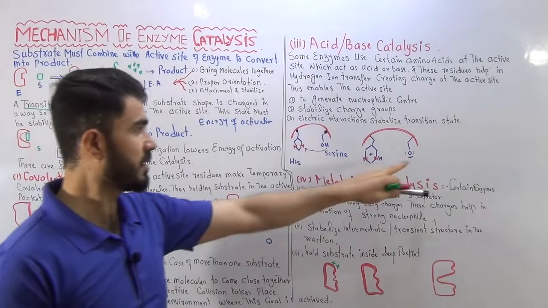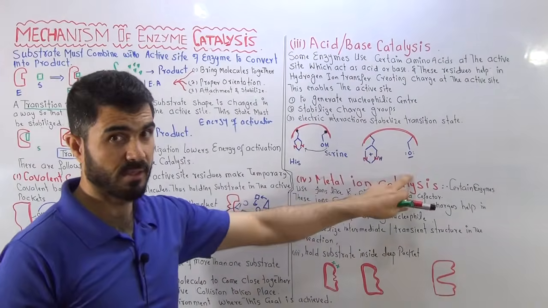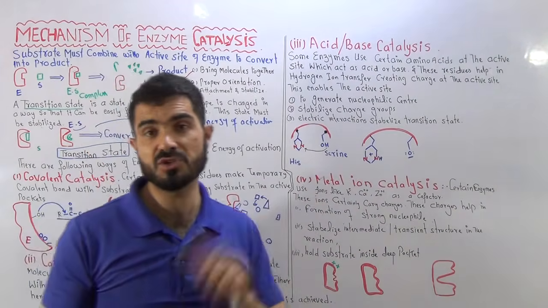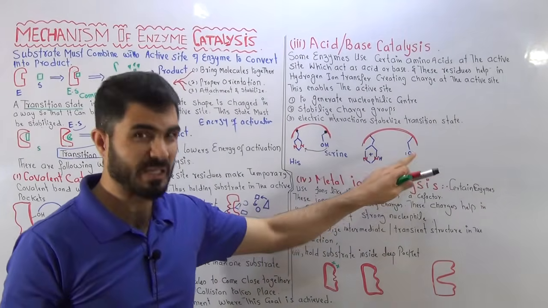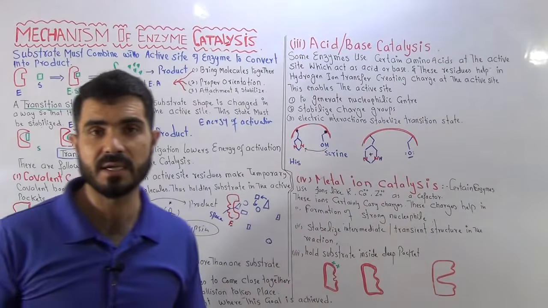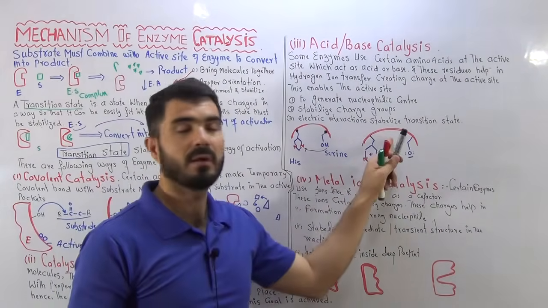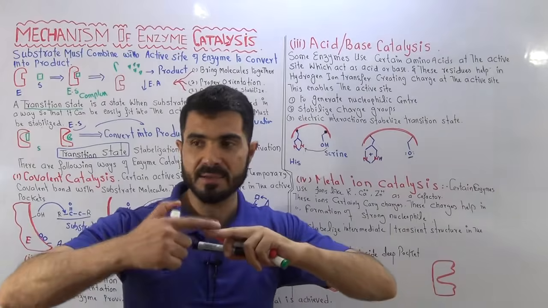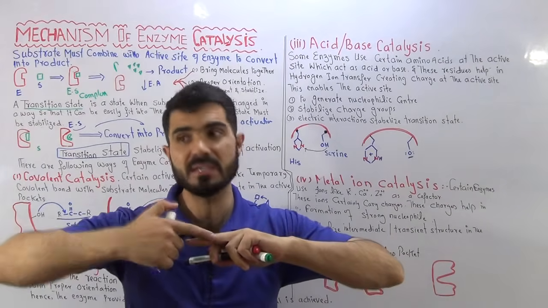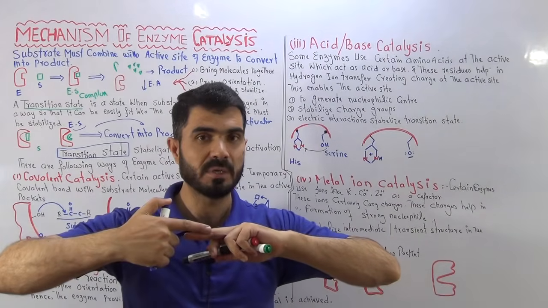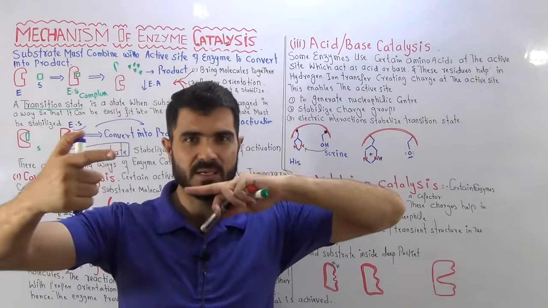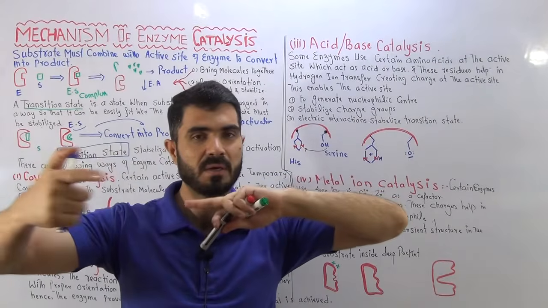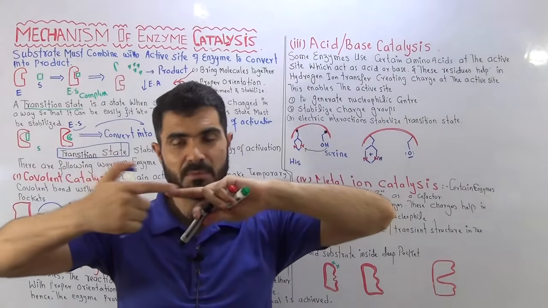So most of these charges have a very great role. As I mentioned in the beginning of this lecture, the presence of charges on the active site enables the active site to attach with the substrate, because the incoming substrate is going to be attached to the active site, so there must be some charges, some electrostatic interaction between these.